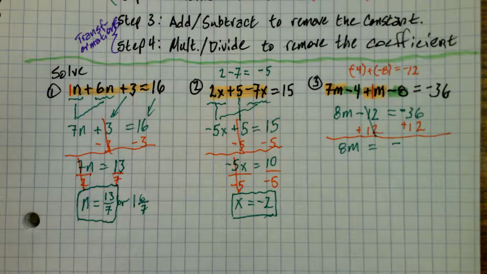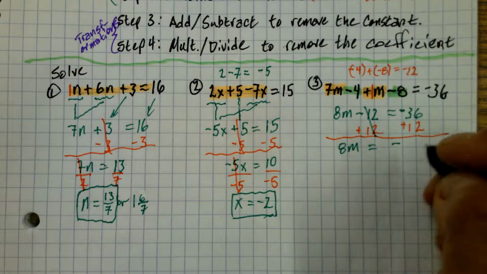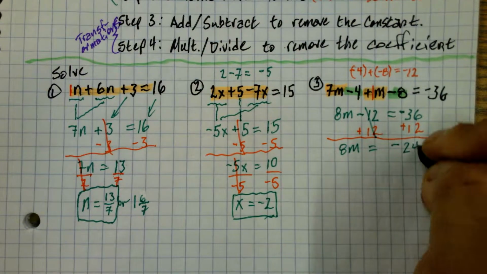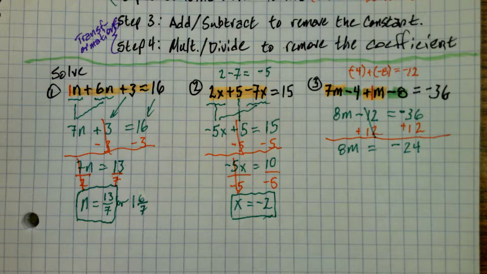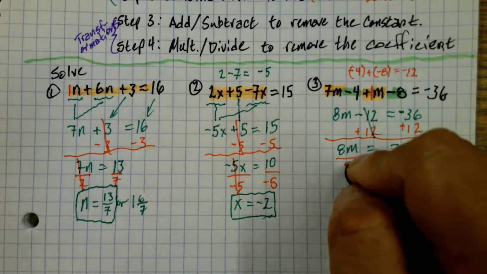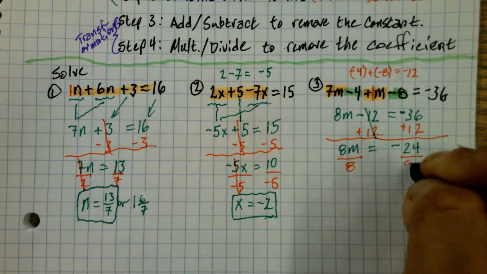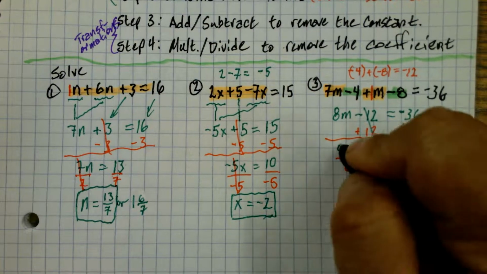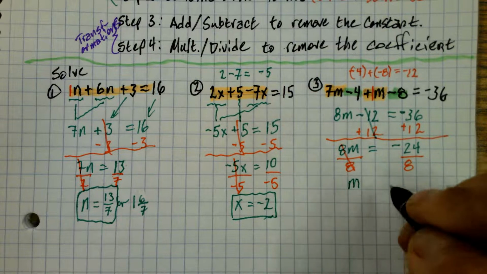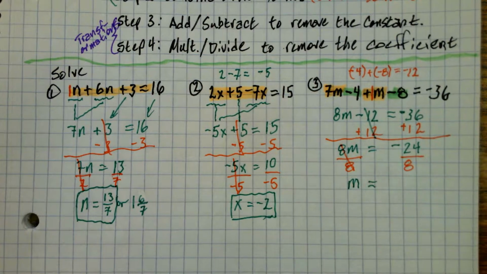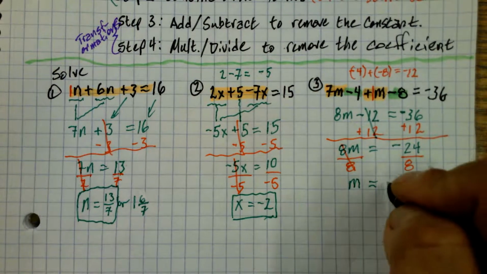And what's 36 take away 12? So it's -24. And now let's just get rid of, put it away. Divide by 8. And you get -3.